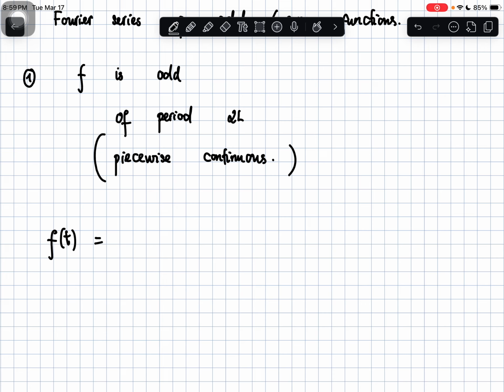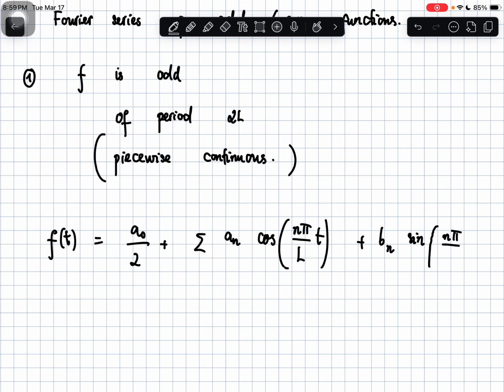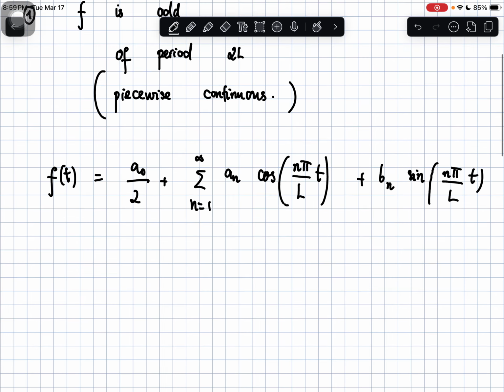So we have the Fourier series of f(t) equal to a0 over 2 plus the summation of an cosine(n pi divided by L t) plus bn sine(n pi divided by L t), from 1 to infinity. And a0 is 1 over L integral from minus L to L of f(t) dt.